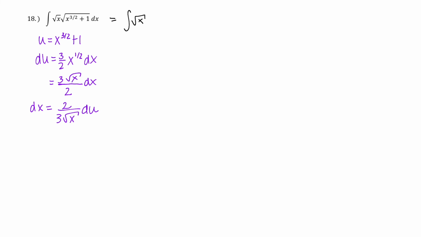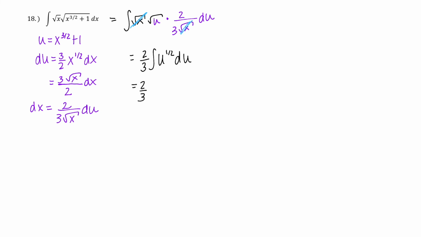So I have square root of x, square root of u, times 2 over 3 square root x du. So the square root x's will cancel. I'm going to bring that 2/3 to the outside and rewrite square root of u as u to the 1/2 du.